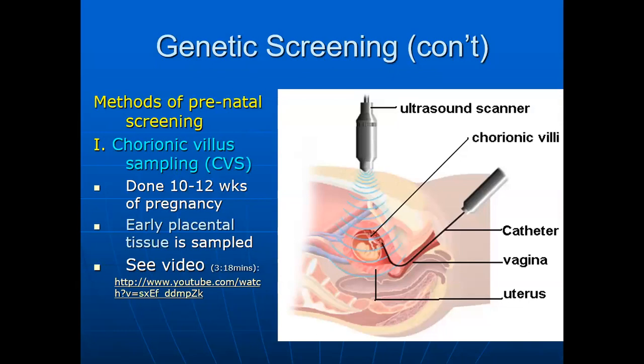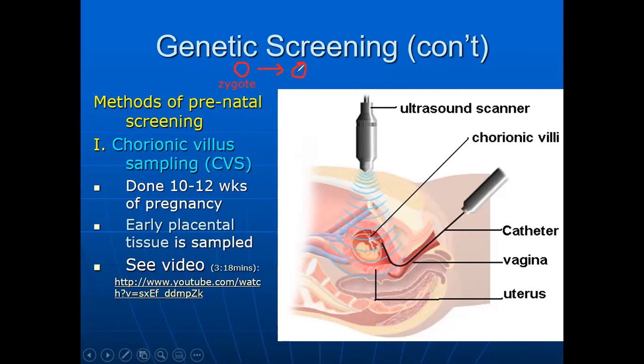So the first one is called chorionic villus sampling. Now, the chorion is the outer layer of the embryo at the early stage. You know that after fertilization, a zygote is formed. Then the zygote will divide by repeated mitotic division, so you will form an embryo.